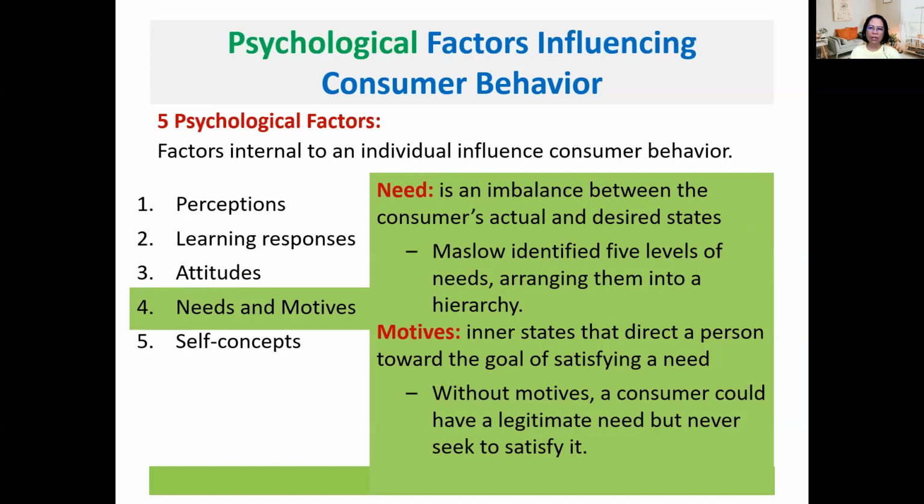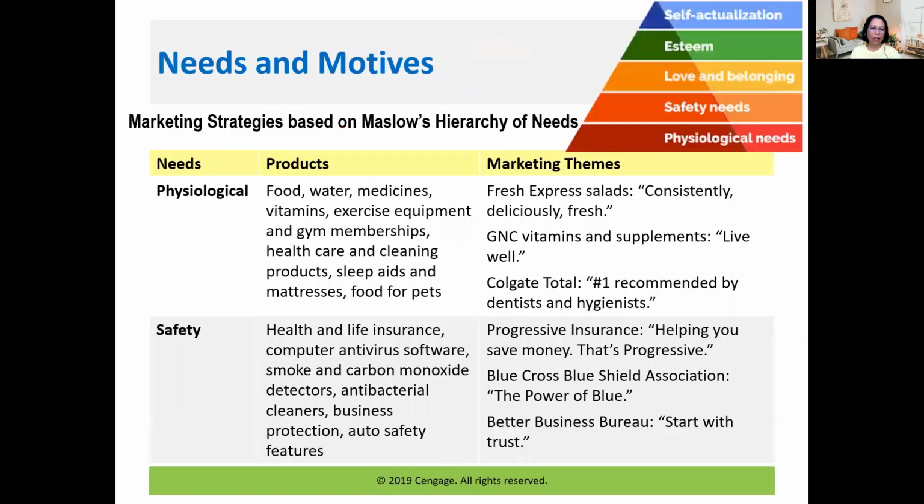So, let us look at Maslow's hierarchy of needs and how marketing strategies could be based on them. First, the lowest level is the physiological needs. These include products such as food, water, medicine, vitamins, exercise equipment, gym memberships, healthcare and cleaning products, sleep aids and mattresses, or food for pets.